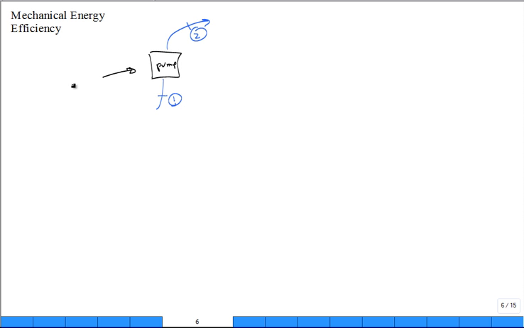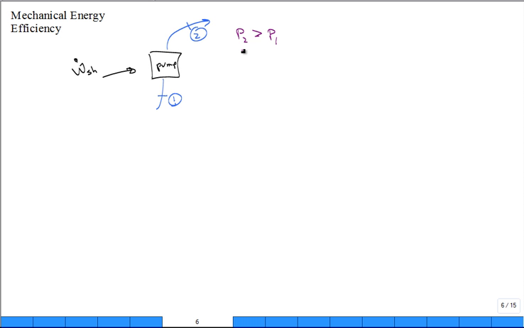You have some power coming into the pump, in the form of a shaft power. The purpose of the pump, I think, as you understand, is to boost the pressure. P2 better be a lot greater than P1, right? It's the boost in the pressure.